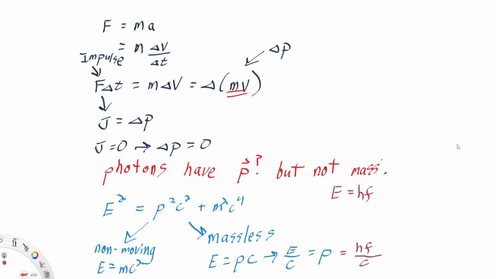And then one more simplification. We remember that for any wave, the velocity of a wave is equal to the frequency times the wavelength. So instead of writing f over c, usually we write Planck's constant divided by the wavelength.